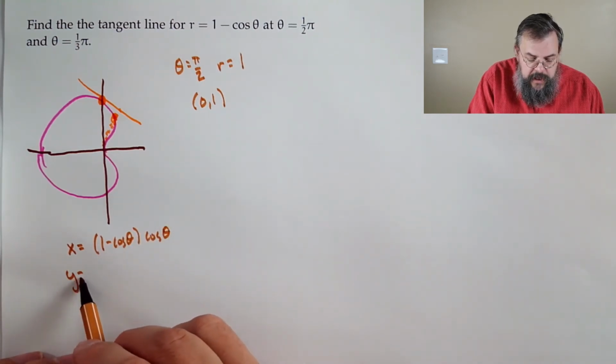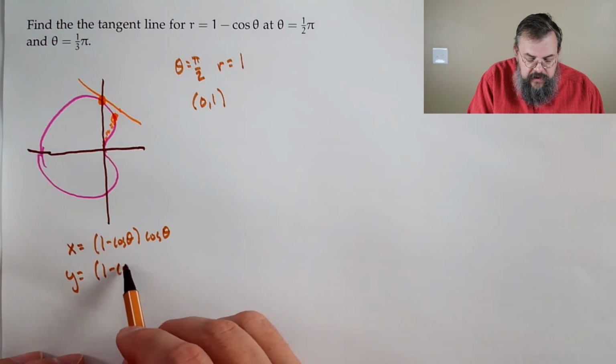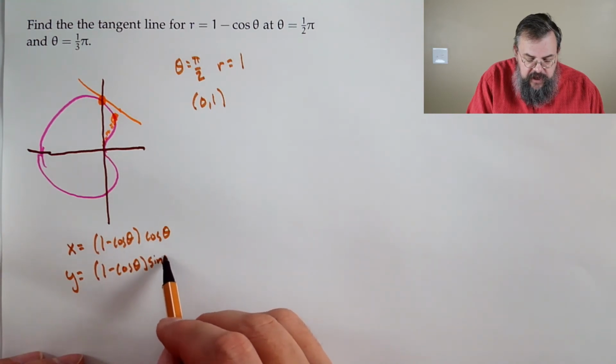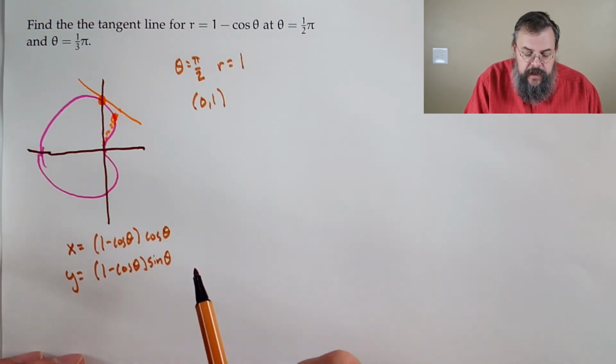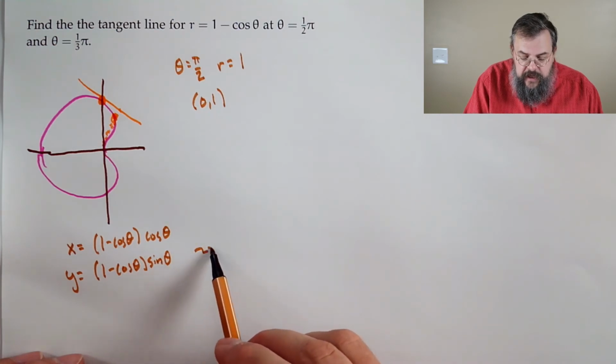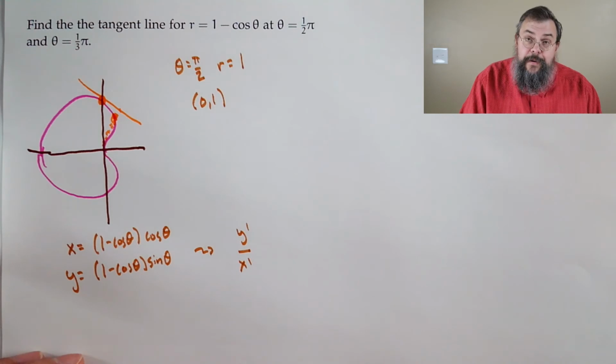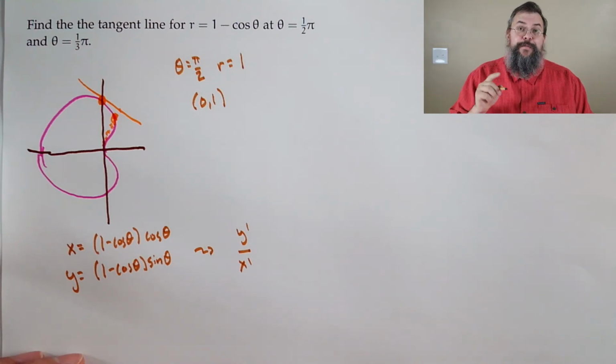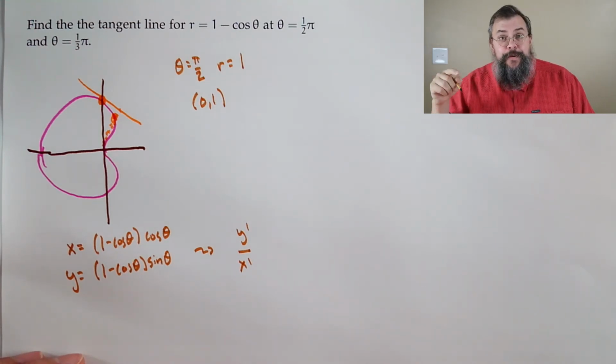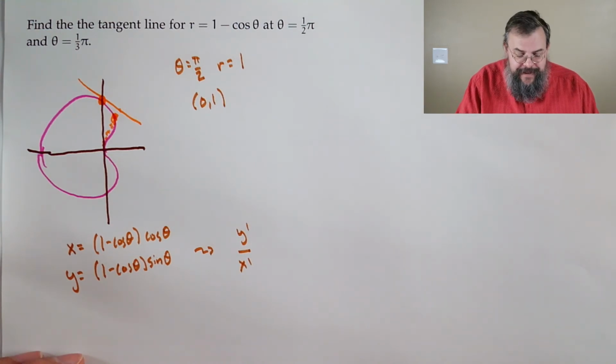And we're going to let y be r sine theta, so (1 minus cosine theta) times sine theta. And now we say, okay, look at y prime over x prime. And this is the part where I often make a mistake. And so I'm pausing here just so that I hopefully remind myself not to make this mistake.